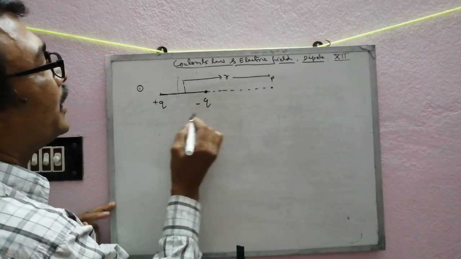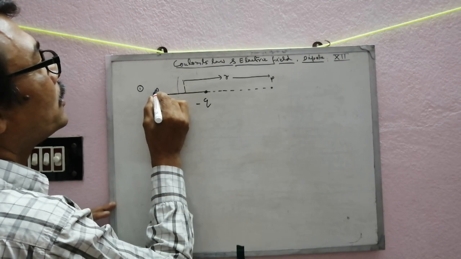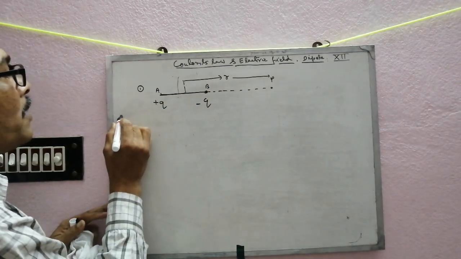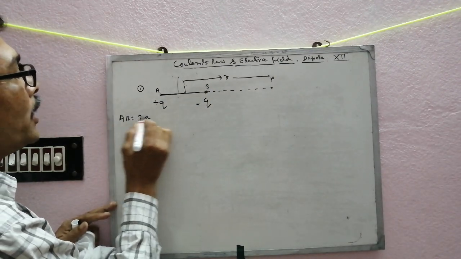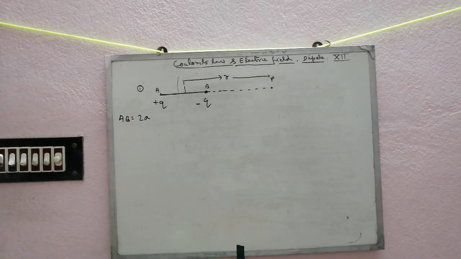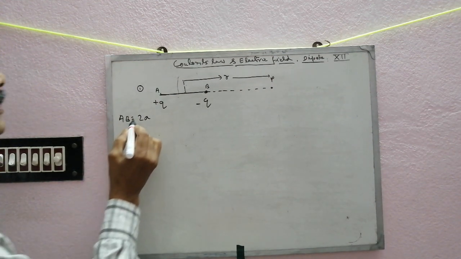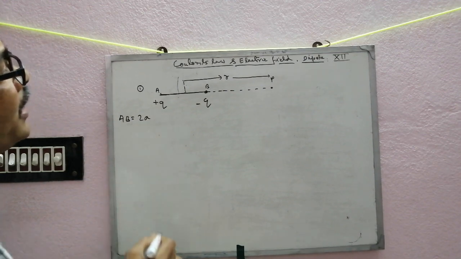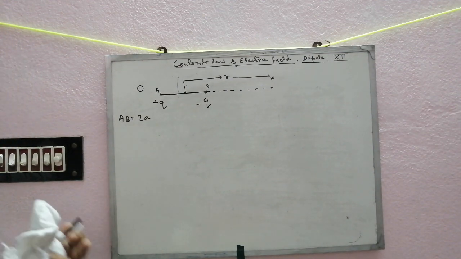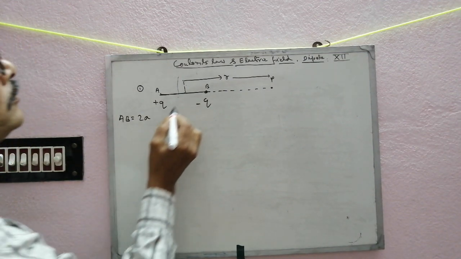The axis of the dipole is, suppose, AB equal to 2A. For our calculation, we may consider it 2A. You may take A or L as you like.